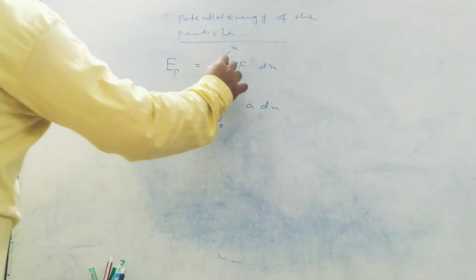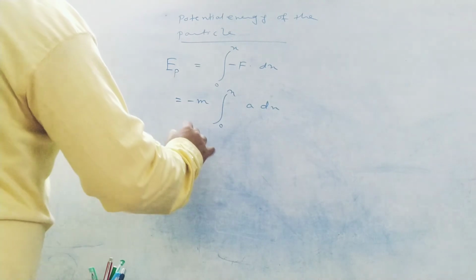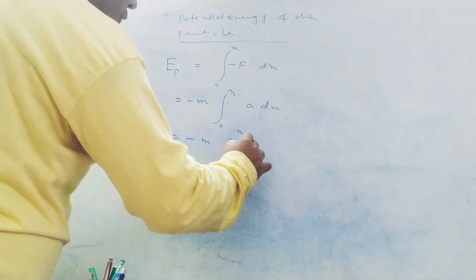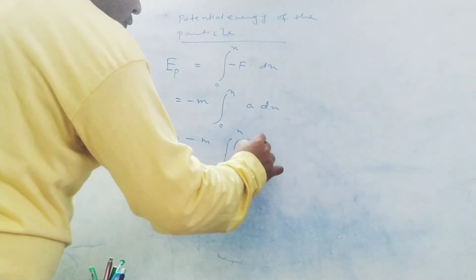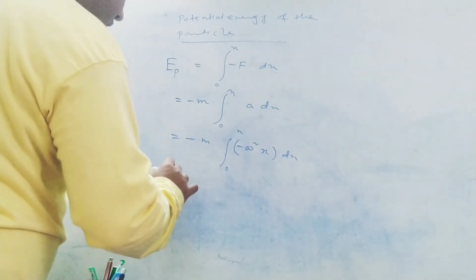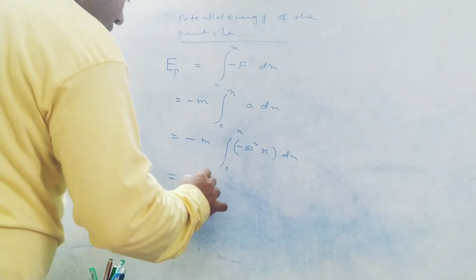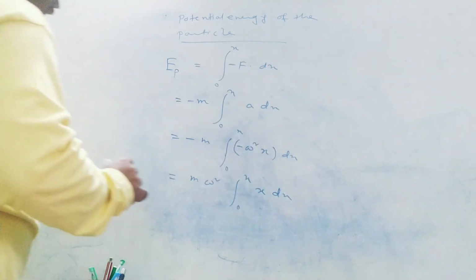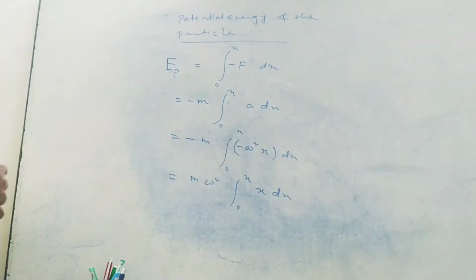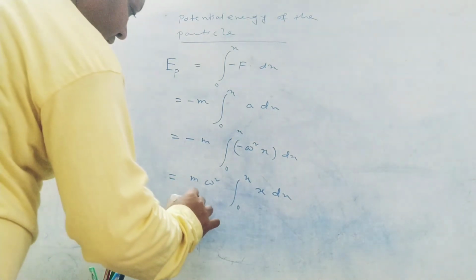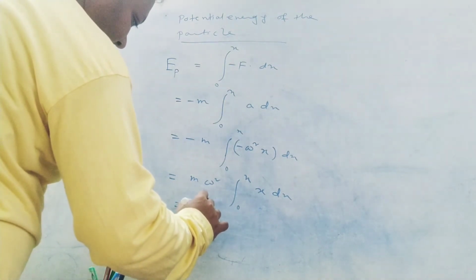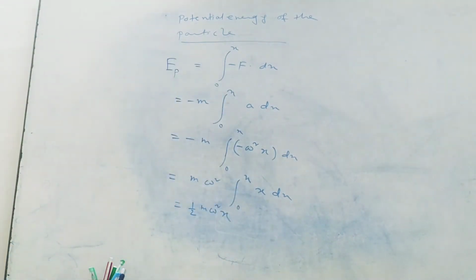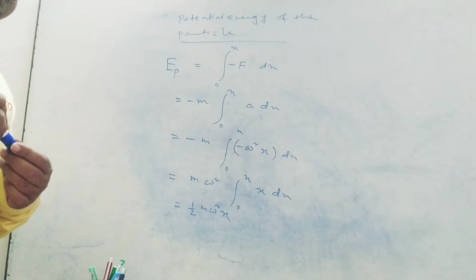We know F is equal to ma, and you also know that a is equal to minus omega square x. Since omega square is constant, therefore we can integrate x only with respect to dx. The integration of x dx is half x square. That is, potential energy of the particle is equal to half m omega square x square.